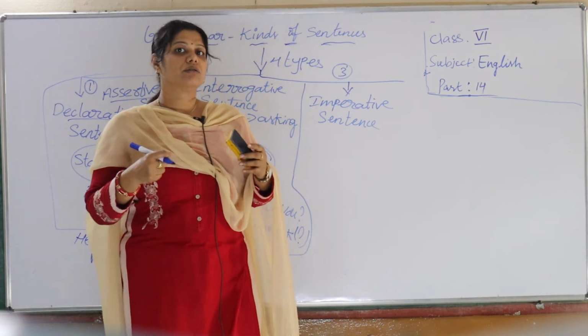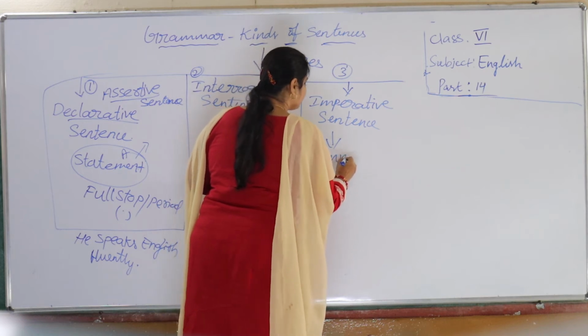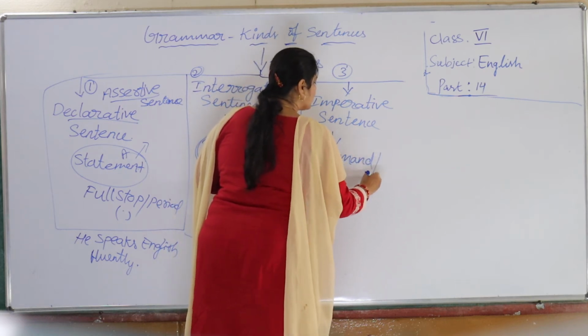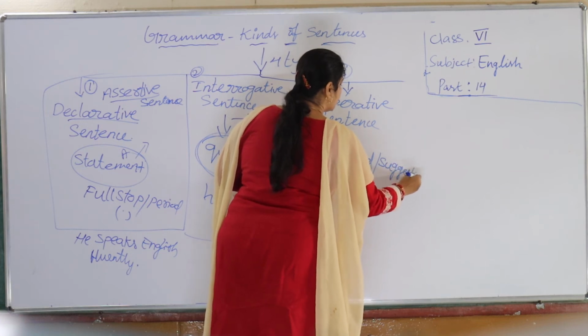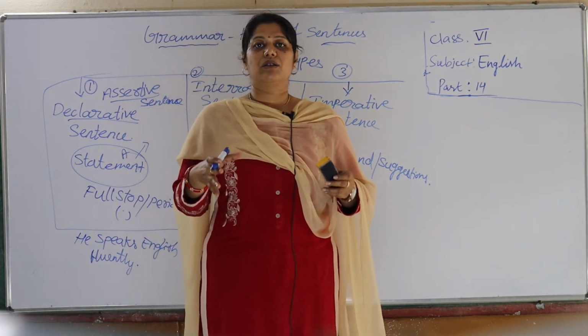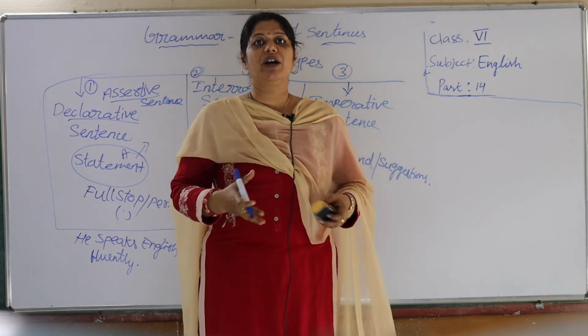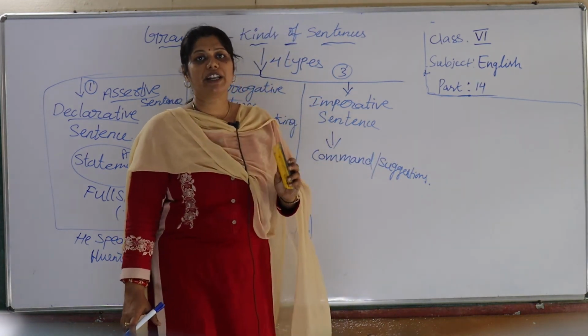So normally this type of sentences will come under command or suggestions. So what is an imperative sentence? Where you are commanding, where you are suggesting something. This kind of sentences will come under imperative sentences.